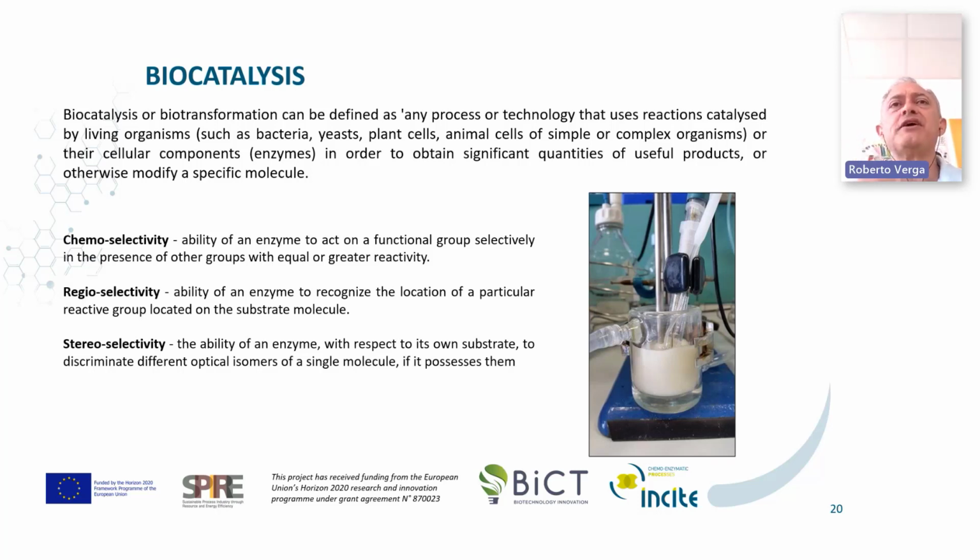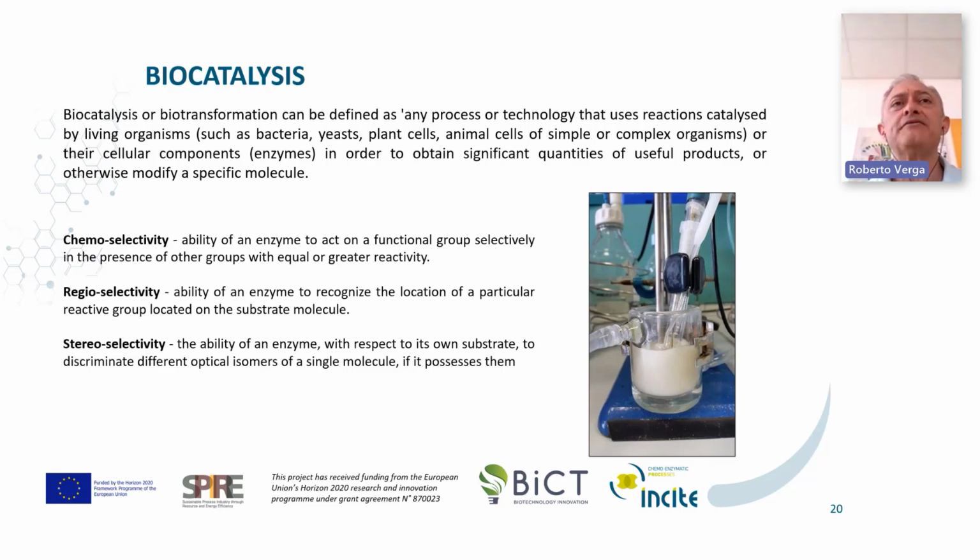For instance, imagine if you have got an ester and an amide. The reactivity is similar, but the enzyme can recognize the one, ignoring the other. It's very important because in chemistry this step is very difficult. Instead, with enzymes, it's very easy.